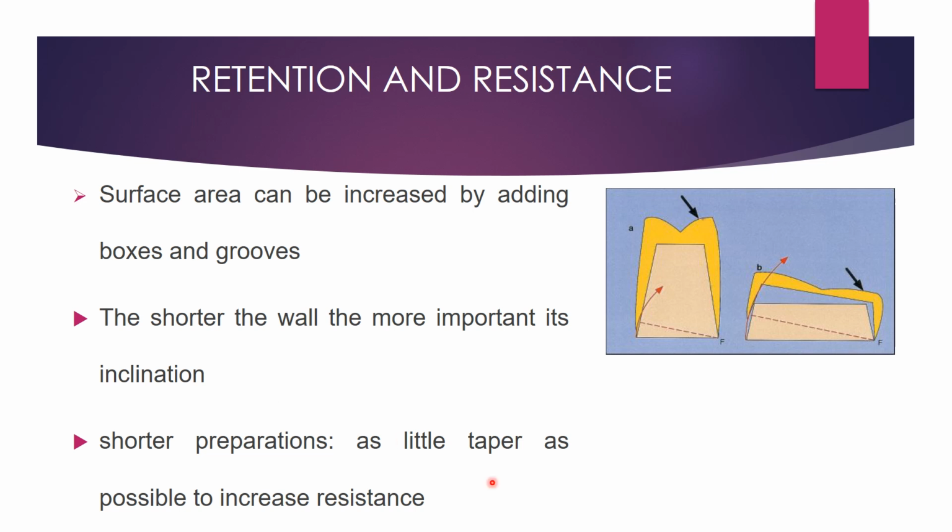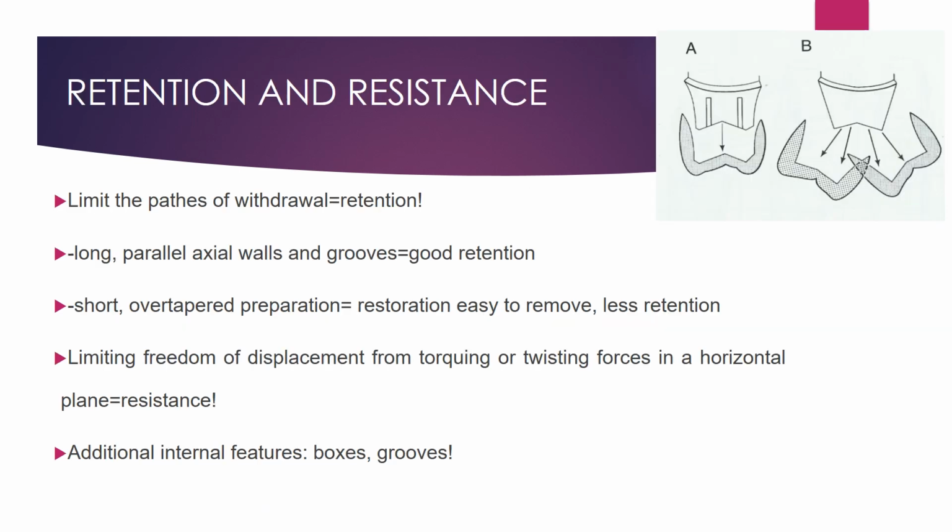The shorter preparation should have as little taper as possible to increase the resistance, right? So as you can see, in a longer prep, it's more difficult to dislodge. In a shorter and a wider prep, it is easier to dislodge, right? So you have to have an adequate crown prep.